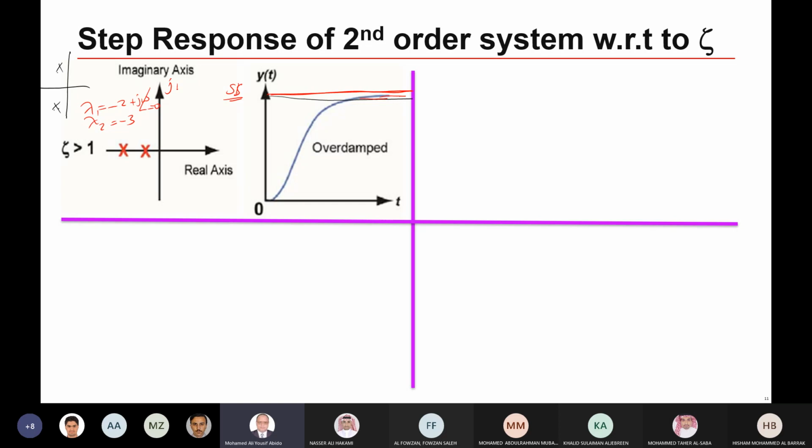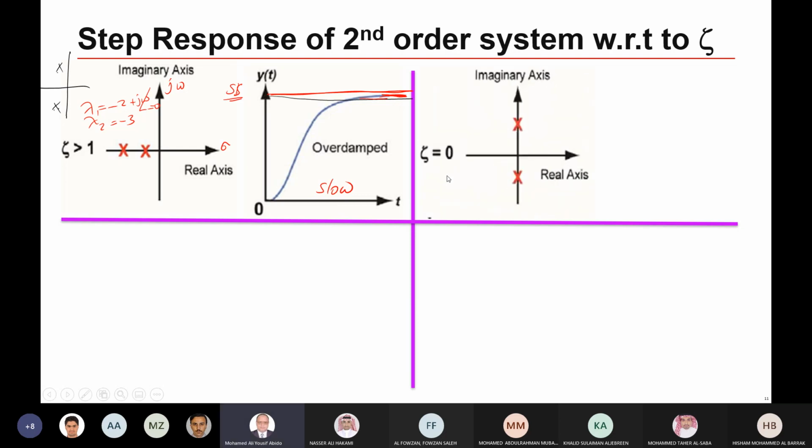Because this is j omega and this is sigma, the imaginary part and the real part for the eigenvalues. If there is no imaginary part, that means there is no oscillation. The response will not oscillate around the steady state. It will approach the steady state. But here you can see the response is a little bit slow, and it will reach the steady state but with a long time.